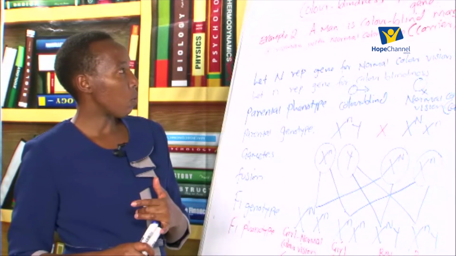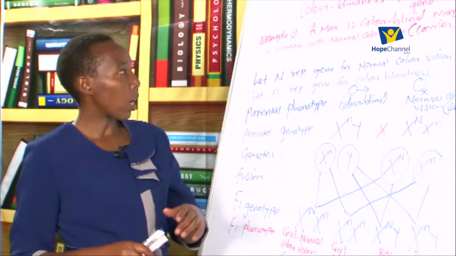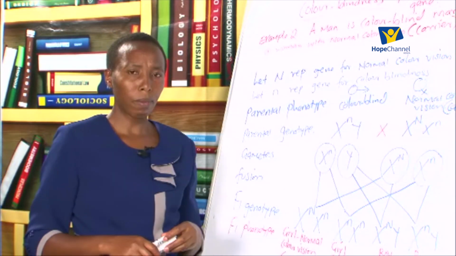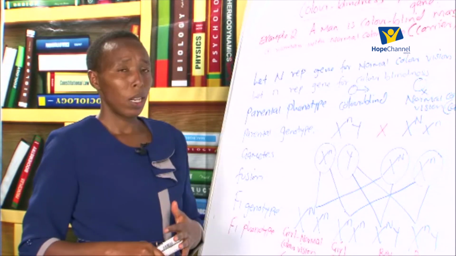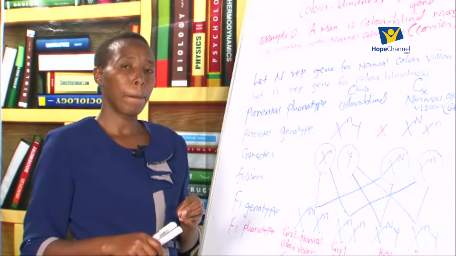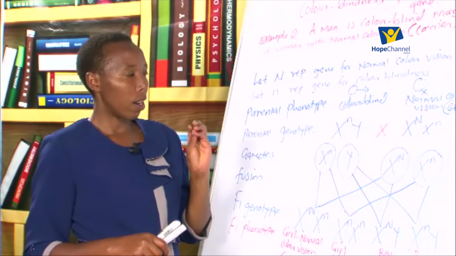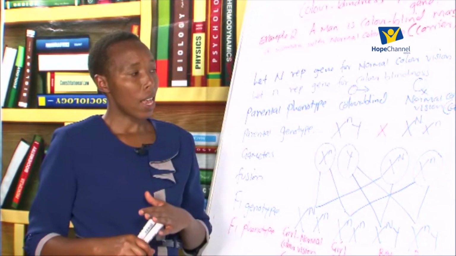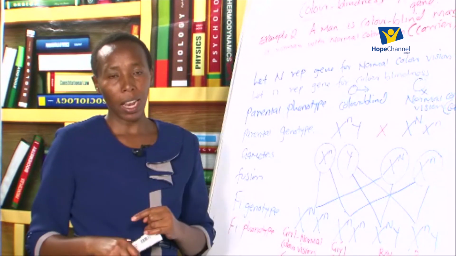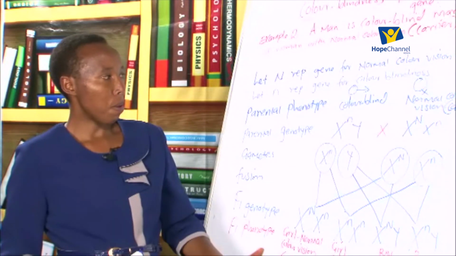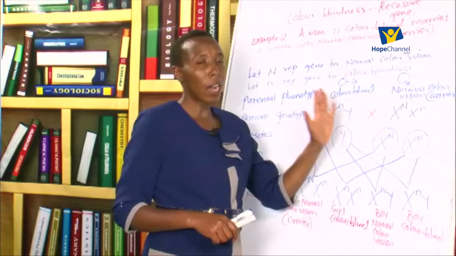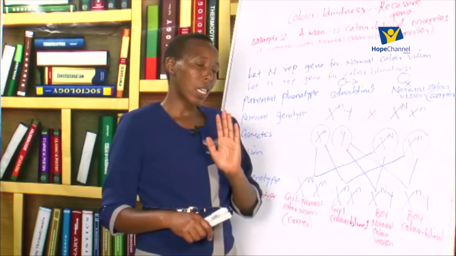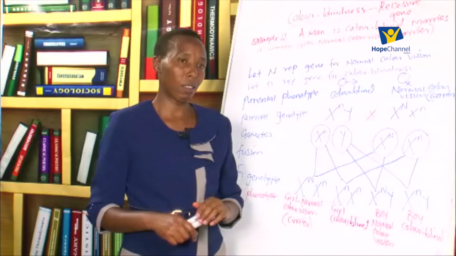Then the second question I'm giving you is on color blindness. We want to assume that you have a man who is colorblind. And the female, in this case, is having a normal color vision, but in homozygous condition.